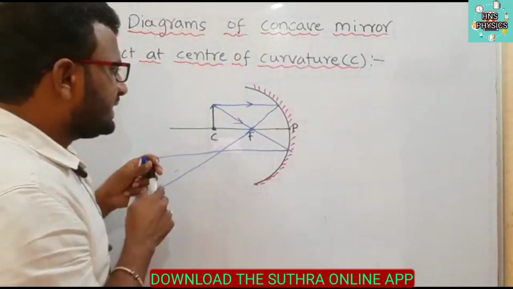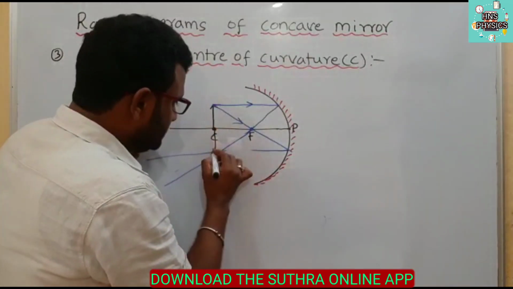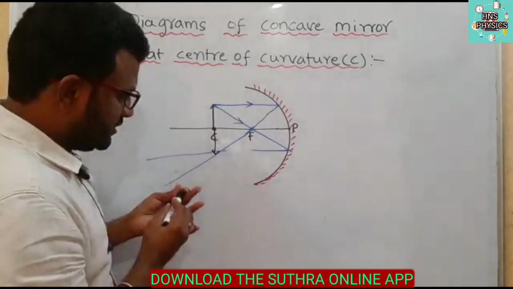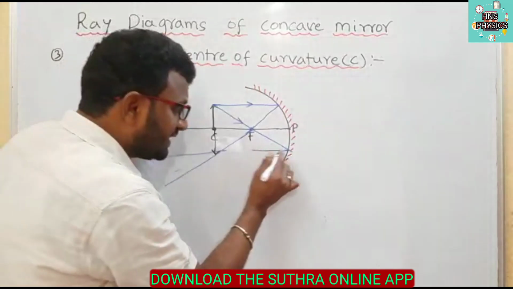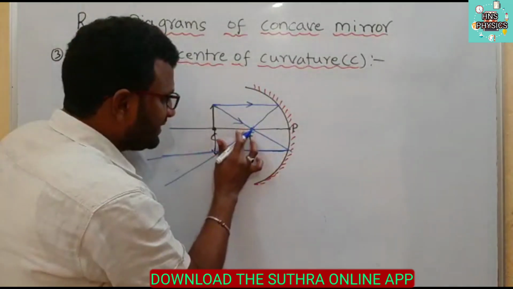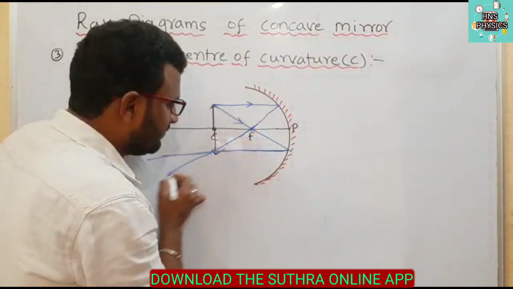That means your image is formed at the center of curvature only. Where the reflected rays meet, the image is formed. So here after reflection, these two reflected rays meet at the center of curvature only. That means the image is also formed at the center of curvature only.